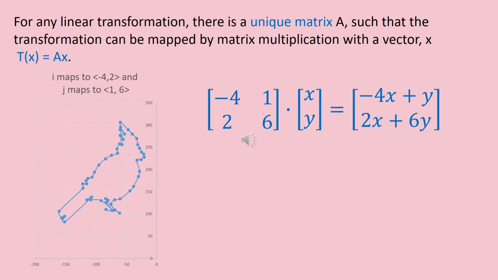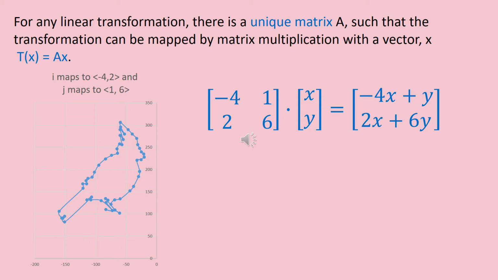Now we have been describing some examples of linear transformations by matrix multiplication, and that will always be the case. If you have a linear transformation that satisfies all of the criteria that we've pointed out and fits the definition of a linear transformation, there will always be a unique matrix A such that the matrix multiplication by that matrix A gives you all of your new images.